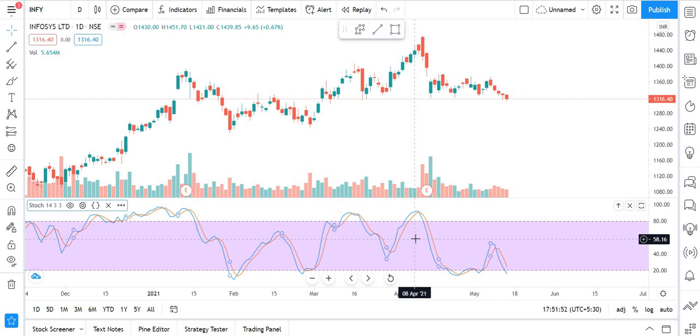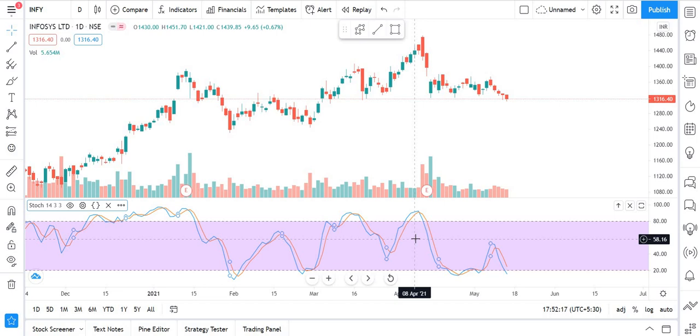But you have to find out that this indicator gives us three different kinds of strategies. So which strategy is working well in which particular stock, and whether that strategy is giving us only buy calls or only sell calls. Okay, in Reliance stock, if this stochastic indicator gives us only buy calls, then use it only for buying in Reliance.